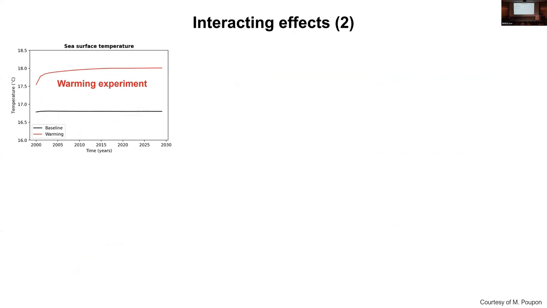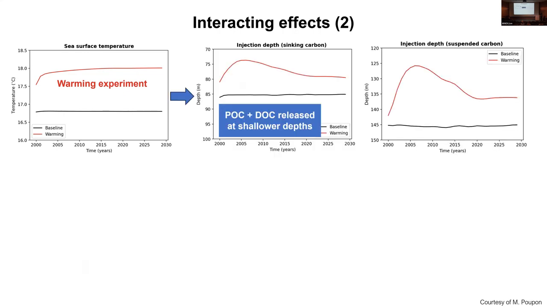And the second one would be focusing more on the temperature effects on metabolism. So again, warming the oceans. And what results is both particulate and dissolved carbon. Sorry, there is an error in the figure.